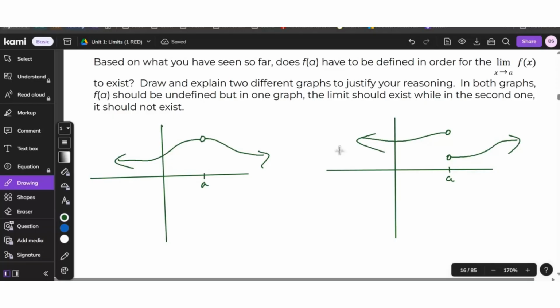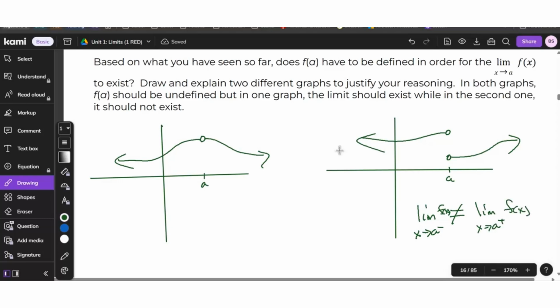Why would this one not be equal? Because here the left side and the right side are not equal. Here, the limit as x approaches a from the left of f of x does not equal the limit as x approaches a from the right of f of x.